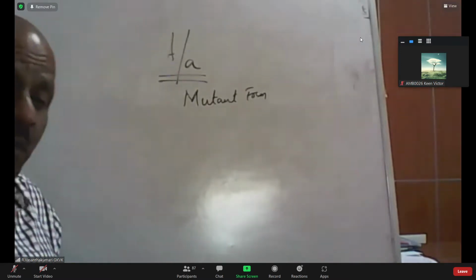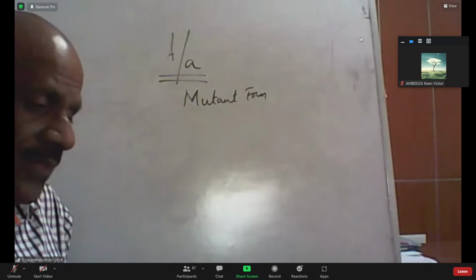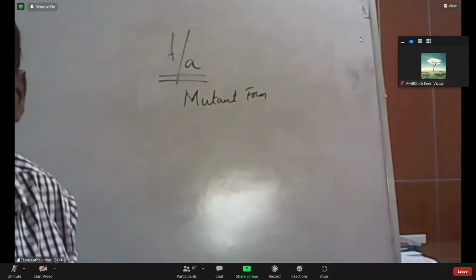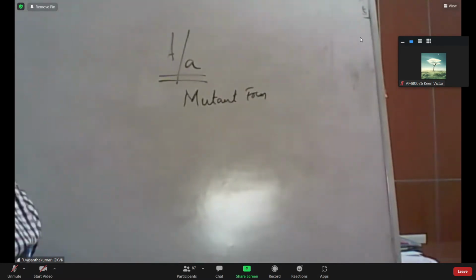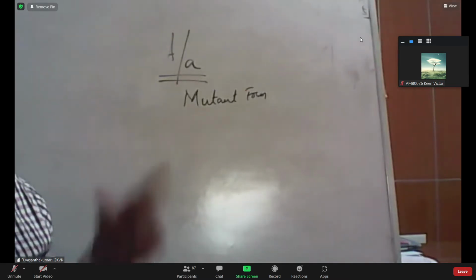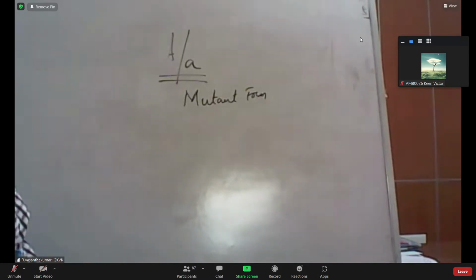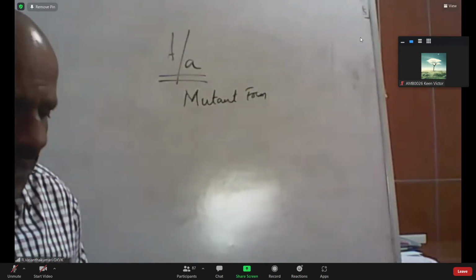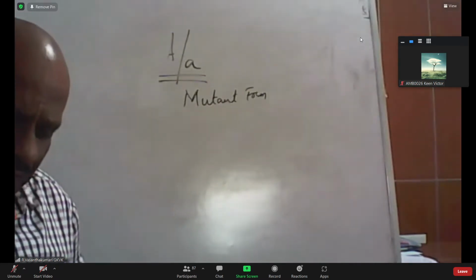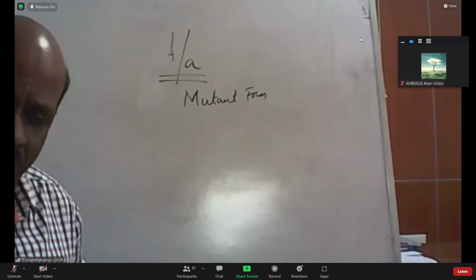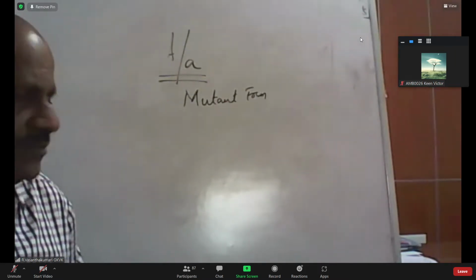Now, we give more importance to the form that is least frequent, and that is called the mutant form. Is that clear? Now, please remember, without the mutant form, we cannot decipher the inheritance of any character. That is the reason why we give more importance to the recessive form. Is that clear? We have to invariably have a recessive form. Without the recessive form, we cannot understand the genetics of any character. Okay?